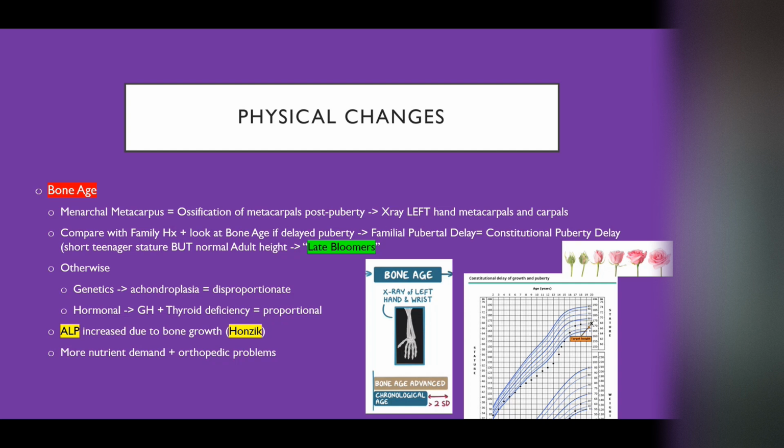Okay, so we have a way of calculating the age of your skeleton based on left hand X-ray. Okay, why left hand? Because we try to make it standardized. We have a right hand, left hand. There's some variations. Like we said, look, we try to make it as standardized as possible. Let's always use X-ray of the left hand, metacarpals and carpals.